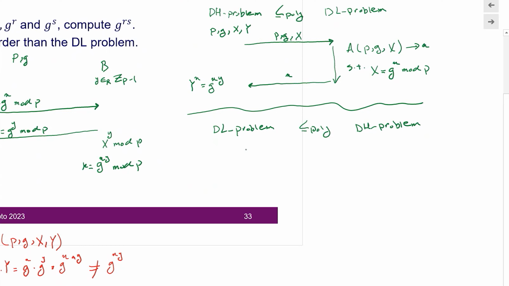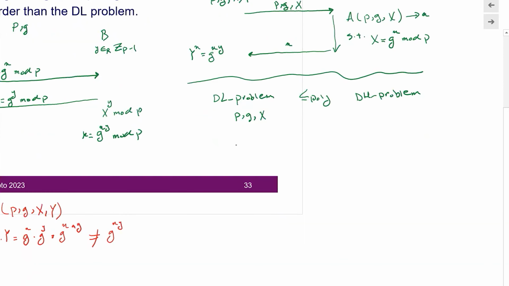We receive an input like P, G, and some capital X, and then we want to compute the small x. So the problem would be we receive some P, G, and capital X, and then our goal is to find x.